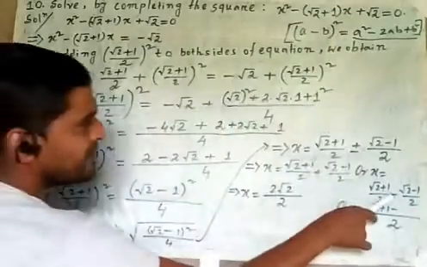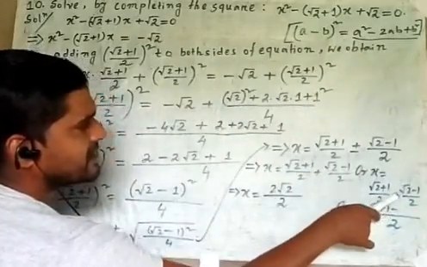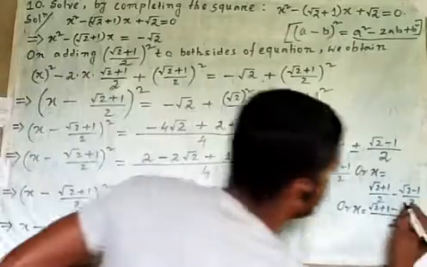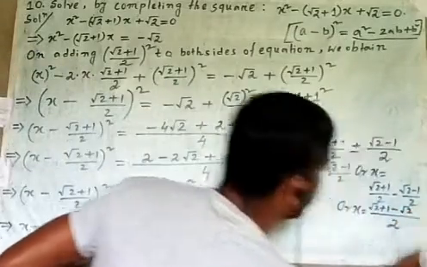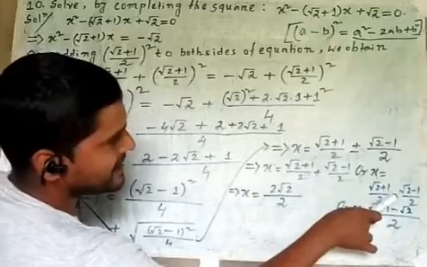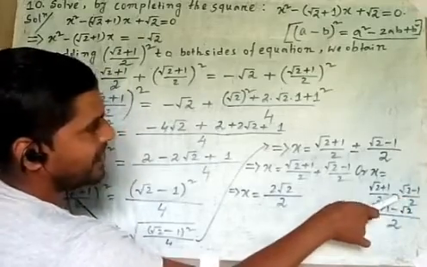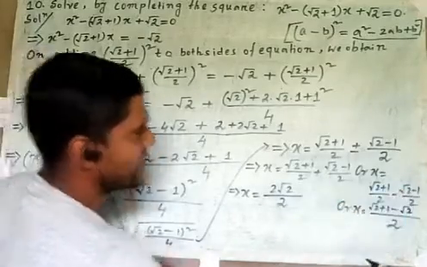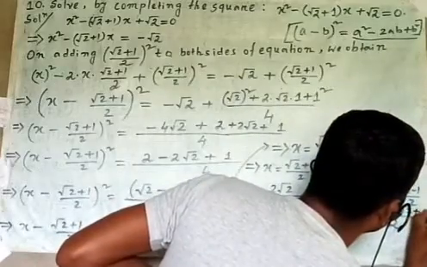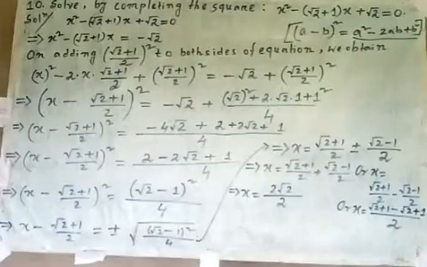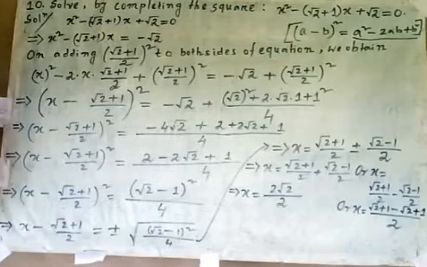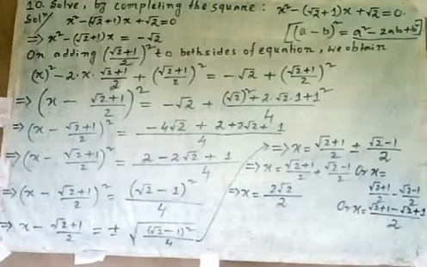Now for this minus symbol, what remains? Root 2. Then a very important part: minus and this minus 1, minus and minus will be plus 1.